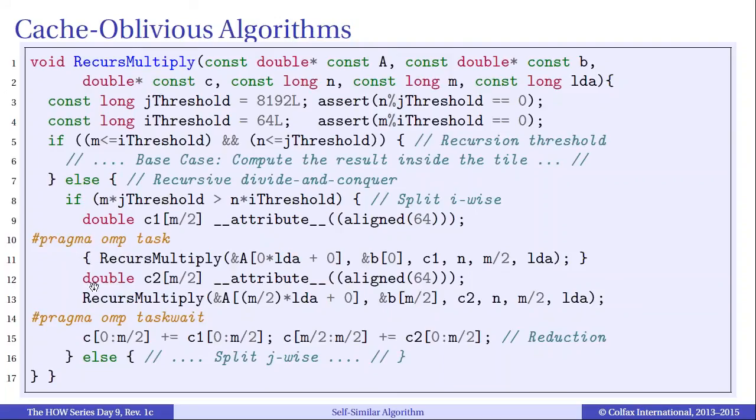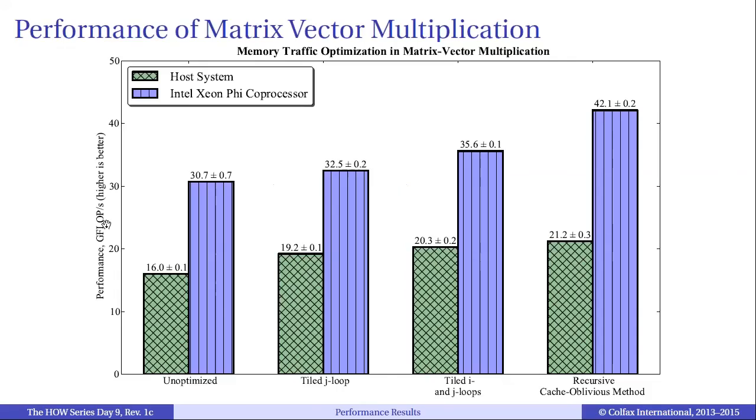I will have to wait for this task using OpenMP task wait, and then I accumulate the results. And then there's another version of this branch which will do a similar thing for splitting the matrix in another direction. So what's happening here is basically constructing a recursive tree of tasks and allowing OpenMP to schedule these tasks so that they don't oversubscribe the system.